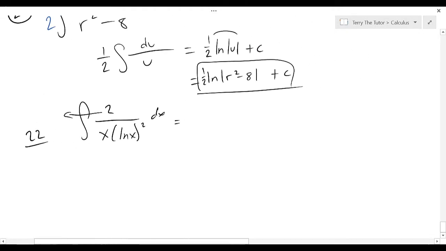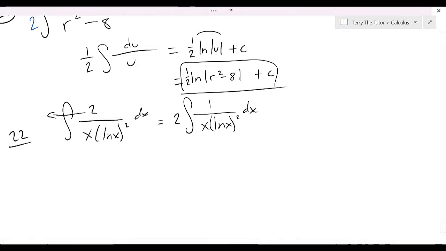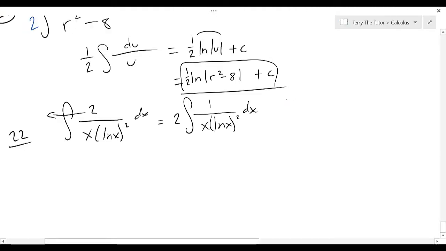So I've got 2 integral of 1 over x ln x squared dx. And now I'm going to do my u substitution. I've got u equals the natural log of x, and du equals 1 over x dx.